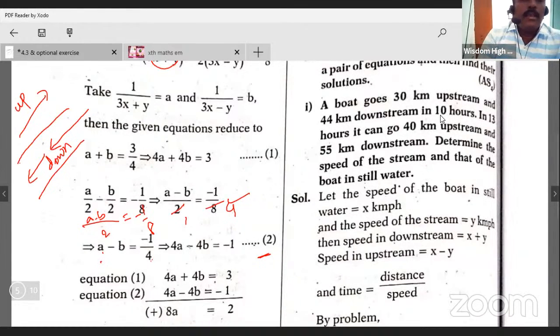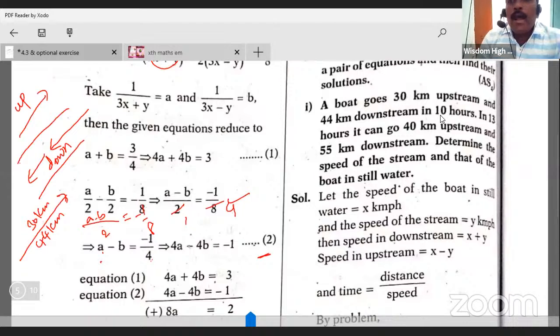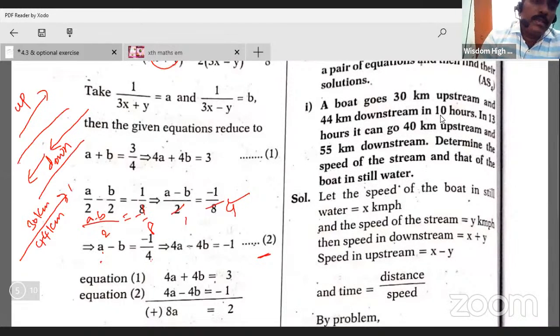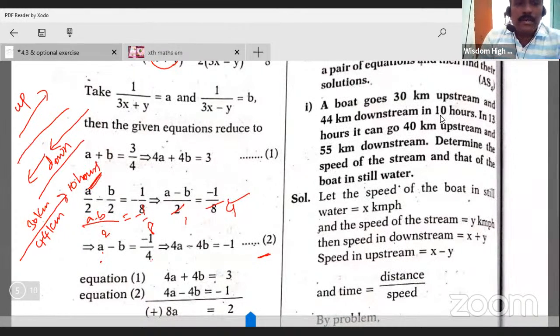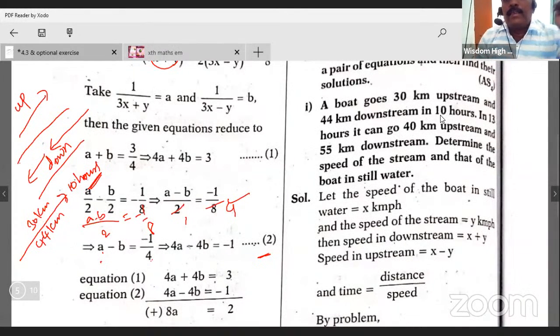Here a boat goes 30 kilometers upstream and 44 kilometers downstream in 10 hours. Two cases are there; the first case is that. Now let us see the second case: in 13 hours, we have to observe this upstream and downstream.